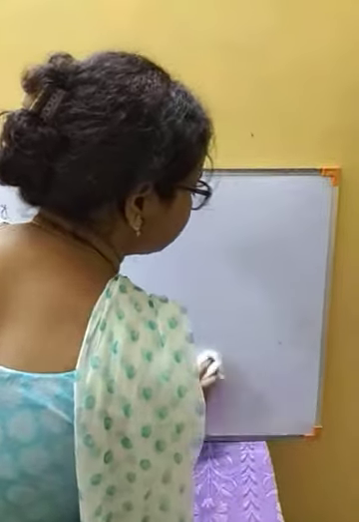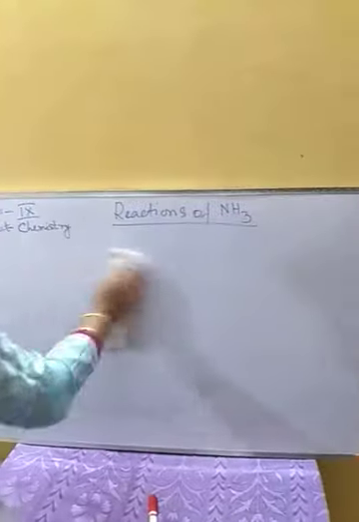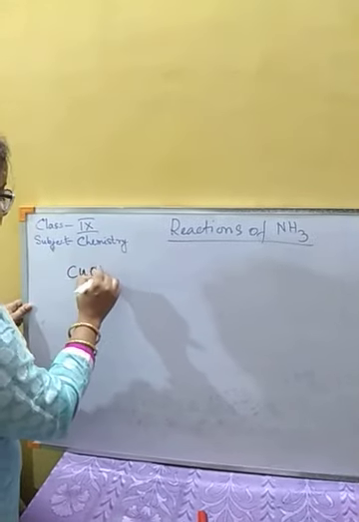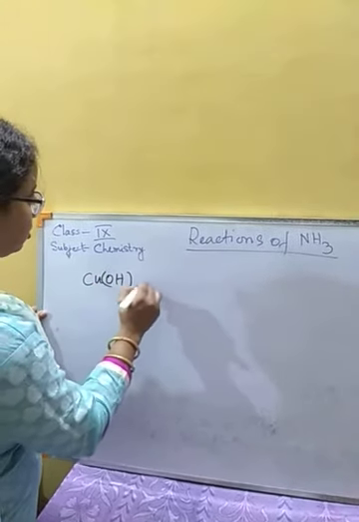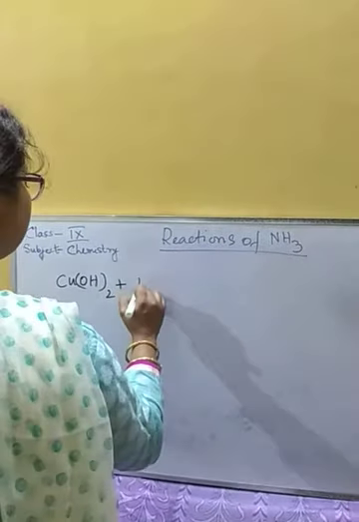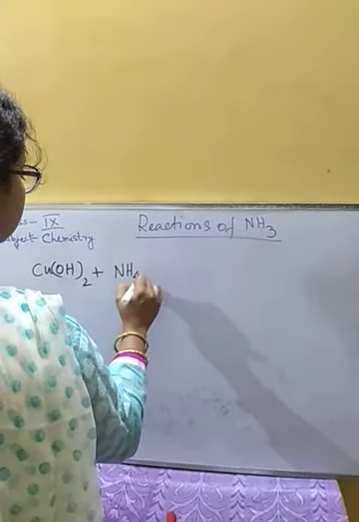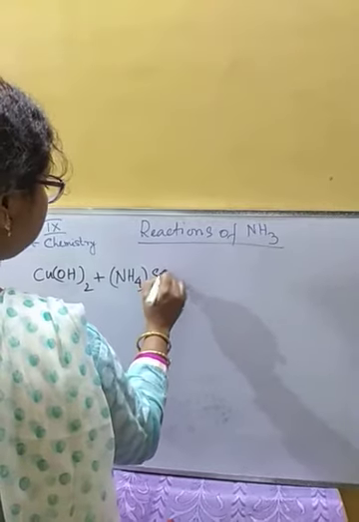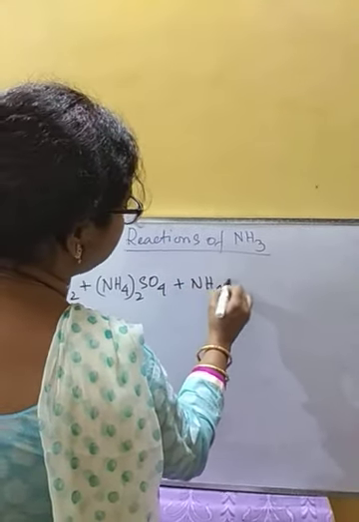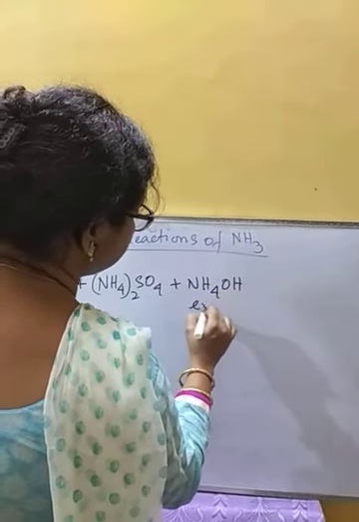First we have got this pale blue precipitation, copper hydroxide plus ammonium sulfate, which was produced along with ammonium hydroxide, NH4OH, in excess.